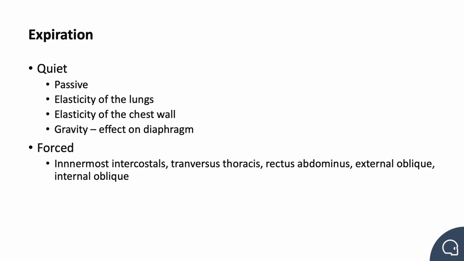So we've focused on inspiration predominantly, and we have touched on expiration, particularly enforced expiration. But on quiet expiration, the crucial part is the elasticity of the lungs, which can pull on the chest wall and pull on the diaphragm.